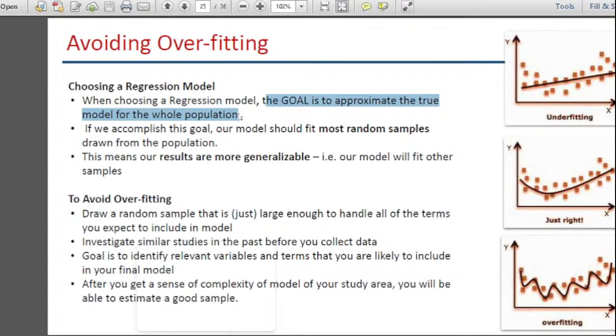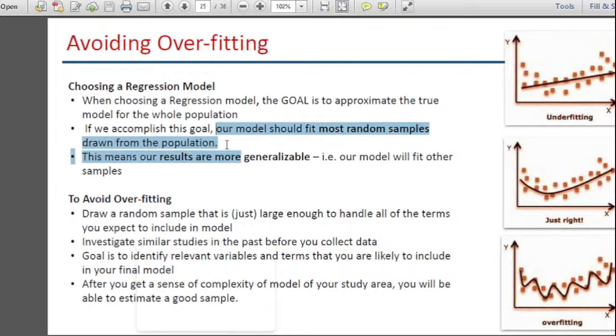In any prediction model, my goal is to approximate, not to maximize R square. If we accomplish this goal, our model should fit most random samples drawn from the population. That is why I am not saying my regression line will pass through each value.